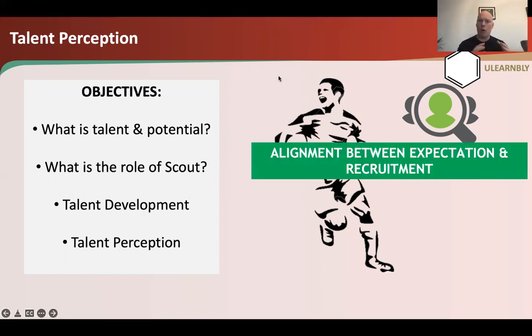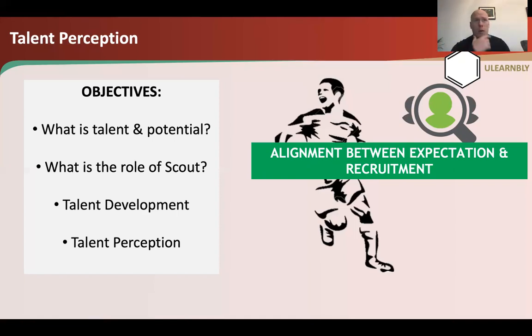So it's really important that there's a clear alignment between expectation and recruitment, because there's so many examples where if there's no communication, and it's quite difficult, the larger the organization, the more channels, often communication can get missed, but there'll often be a disalignment between individuals that may have been recruited by somebody else, that have been invited to a training session or wherever it may be.